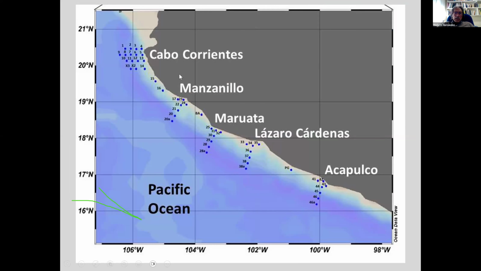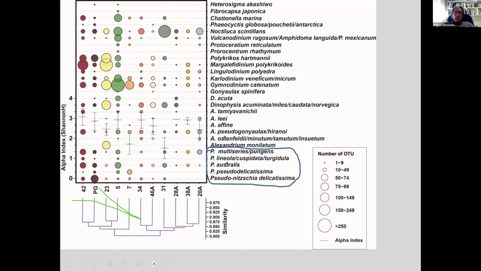I am showing this map to you to see where these stations are situated, more to the south in Acapulco or to the north in Cabo Corrientes. And then these stations are grouped by the similarity, with the more coastal stations to the left side, and the more oceanic stations to the right side.